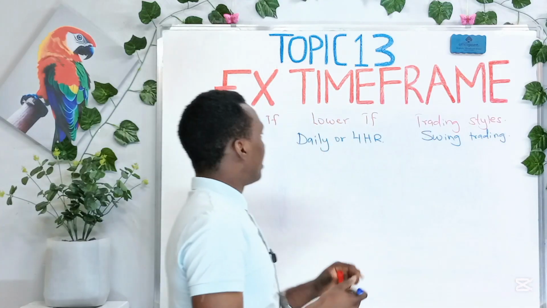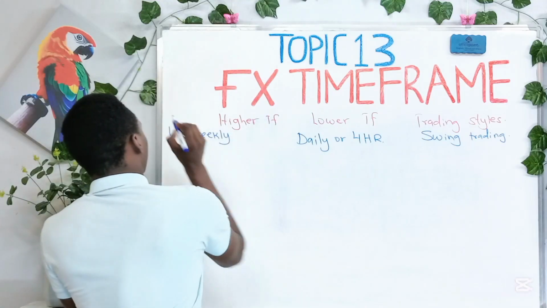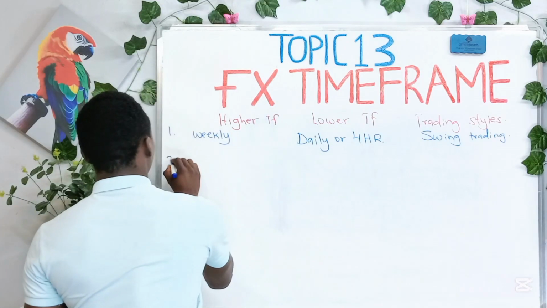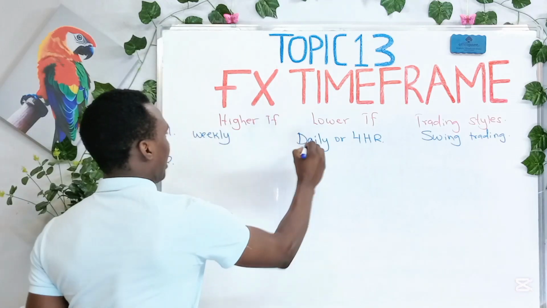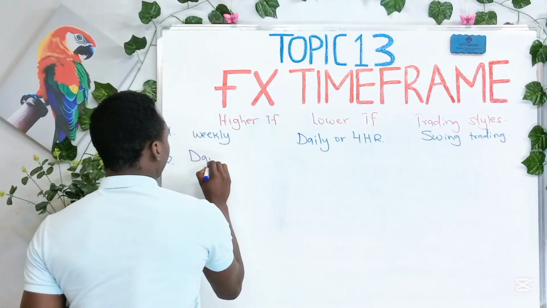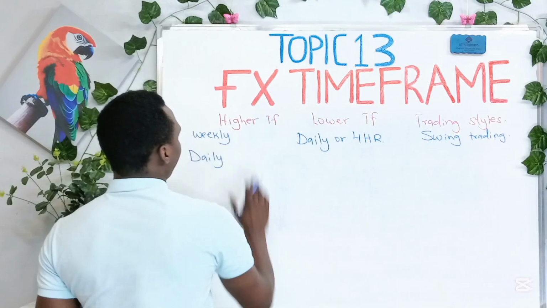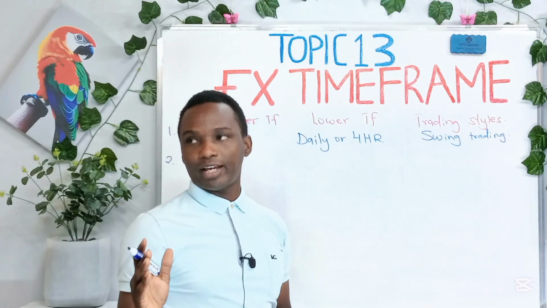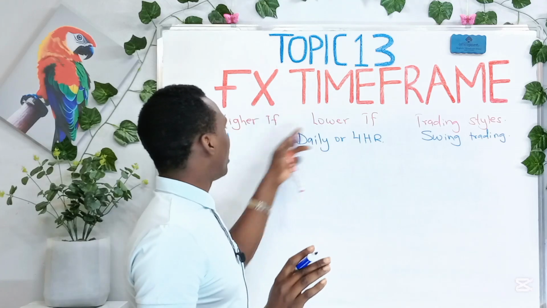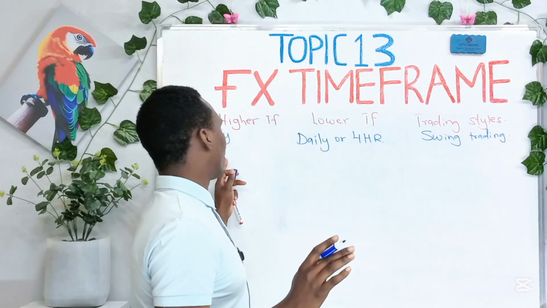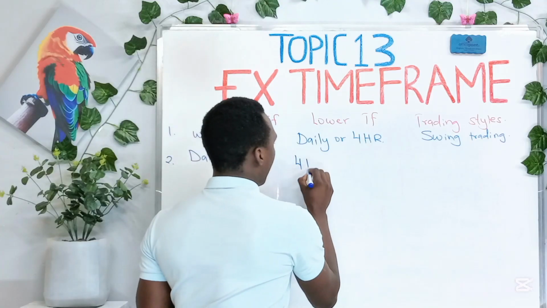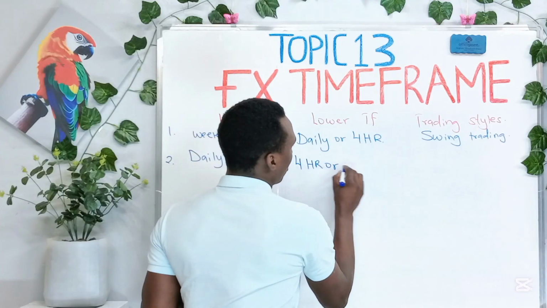So this is the first example. The second example, we come lower to the daily time frame. The daily time frame is now our higher time frame. When we want to look at the lower time frame of the daily, we look at either the 4-hour or the 1 hour.